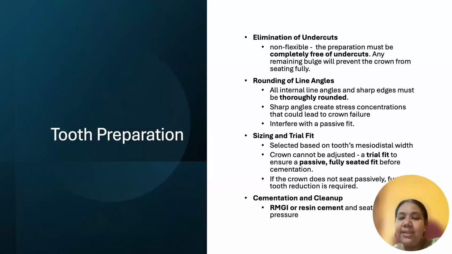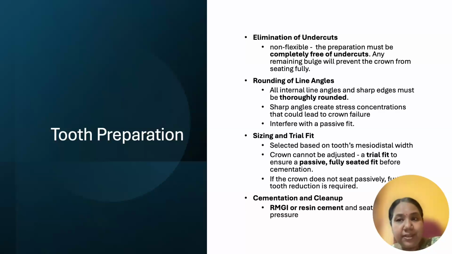Any remaining bulge will prevent the crown from seating fully. Also, all internal line angles and sharp edges must be thoroughly rounded. Any sharp angles could cause stress concentrations, which could lead to crown failure. Also, any sharp angles might interfere with the passive fit of the crown. Next is sizing and trial fit.